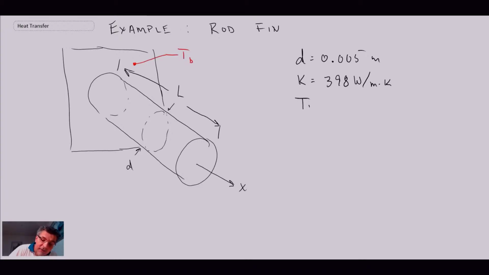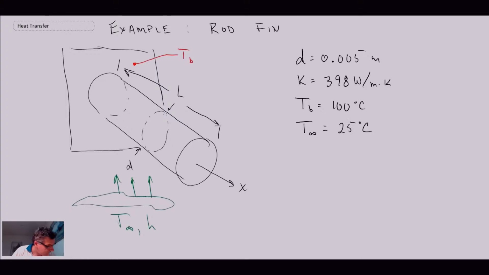The base temperature, we're told, is 100 degrees C, and the free stream convective environment, which would be the fluid coming through, T infinity, h, we're told is 25 degrees C. And we're told to consider a fin where the length is 20 diameters. So that is the length for the problem that we're looking at.